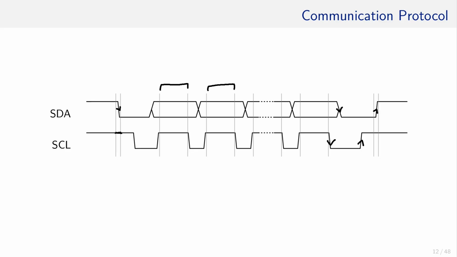That means as long as the communicating master does not send the end of transfer condition, the bus is reserved and cannot be used, even if the master takes a very long time, that is, has a slow clock on SCL, or has a lot of data to be transmitted.